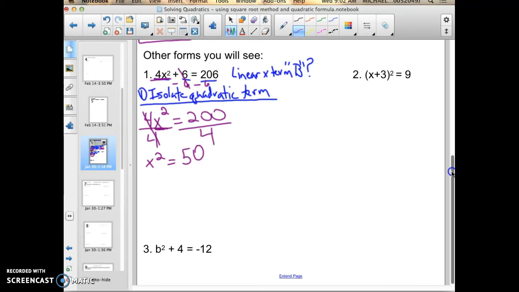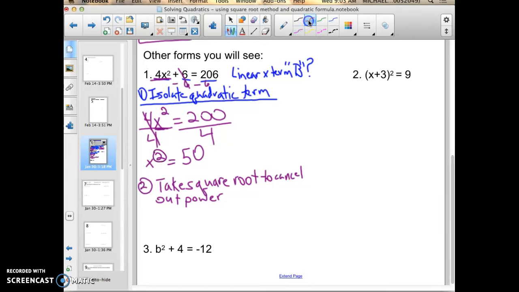Now, the second step is to take the square root. So I'll write that out. Take square root, to cancel out the power, the quadratic power right here.